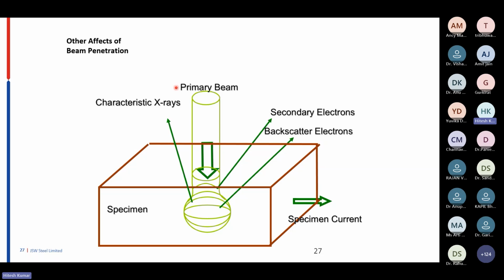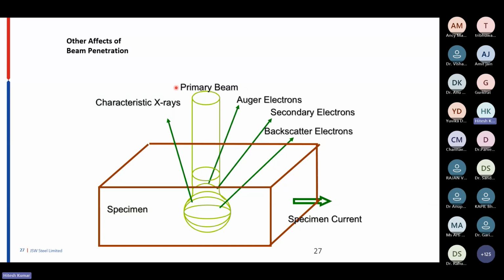You can use a gold coating, a carbon coating, or platinum, depending on what you want. The coating thickness also plays an important role. If your sample is coated too thick, you are not going to get proper information from your sample. You will get information only of the coating. So those things should also be taken care of.